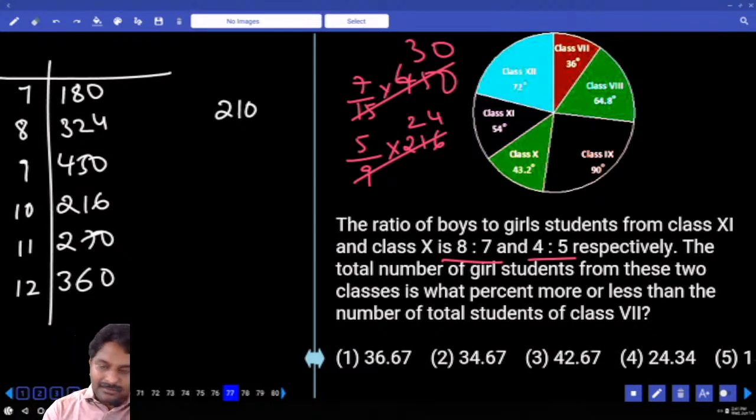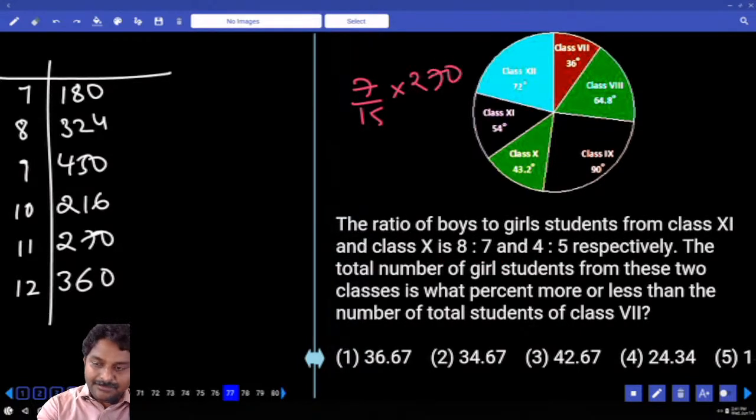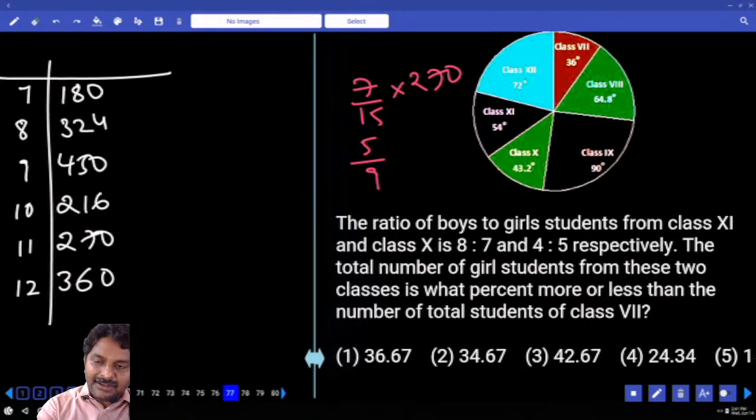Class 11. Yes. 7 out of 15 calculated on 270. 5 out of 9 calculated on 216.